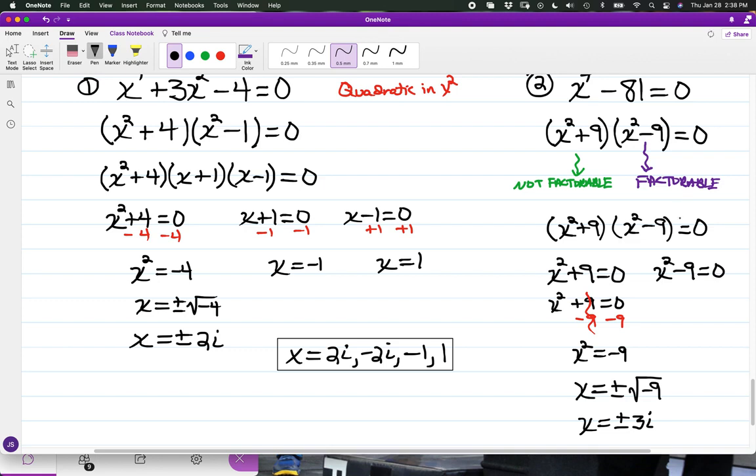And if, instead of factoring, I just went ahead and set x squared minus 9 equal to 0, I can isolate the x squared term upon adding 9 to both sides. So we're going to have x squared is equal to 9.